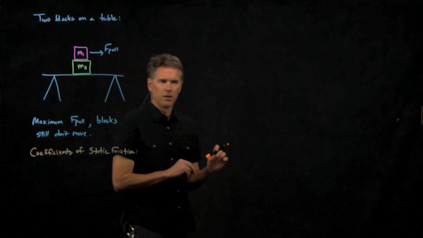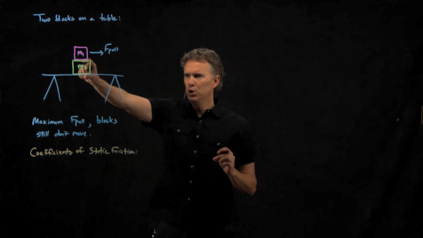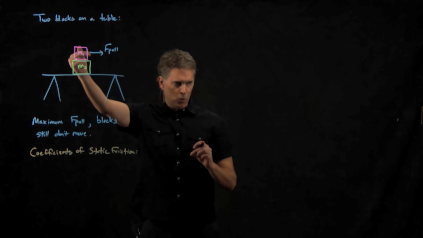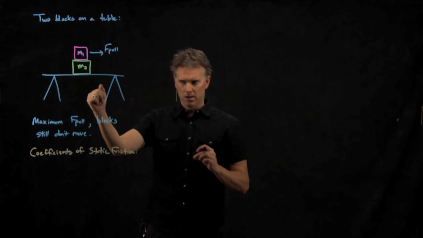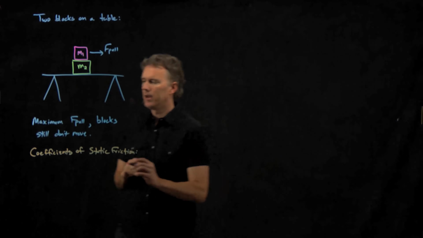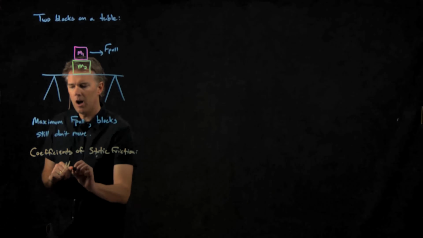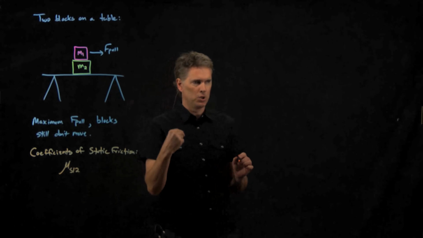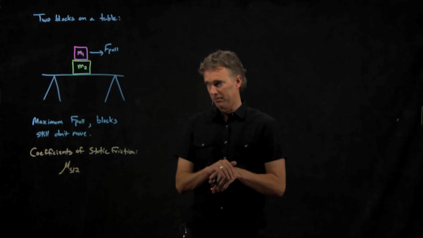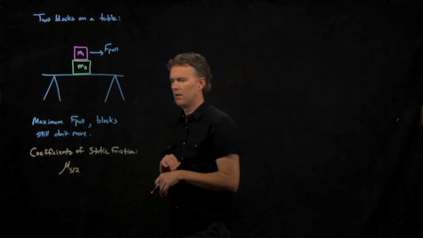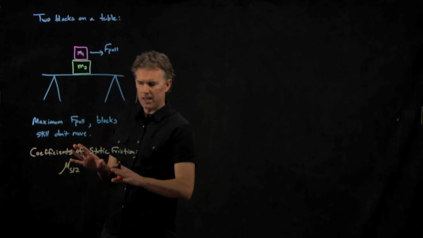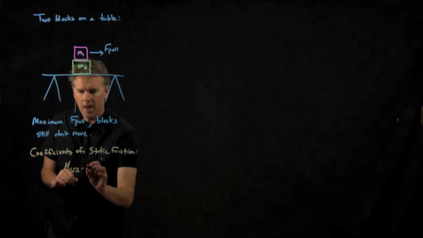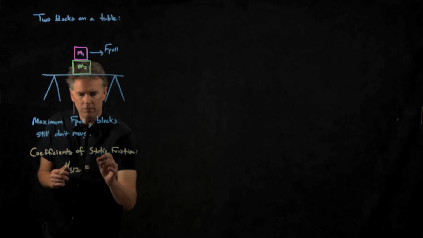And this is where it gets a little bit cumbersome because we have two surfaces to worry about. Block M1 is sitting on block M2, and so there is some coefficient of static friction between block 1 and 2. This is what I mean by all these subscripts. Okay? So we don't know exactly what that is, but that would be some number. And then we can just make something up.